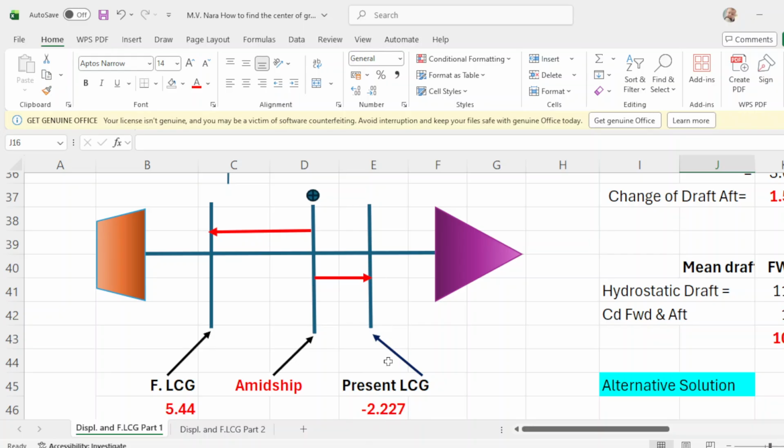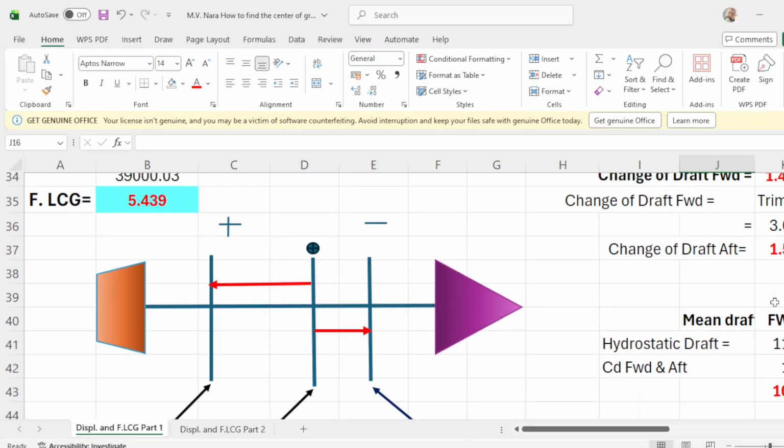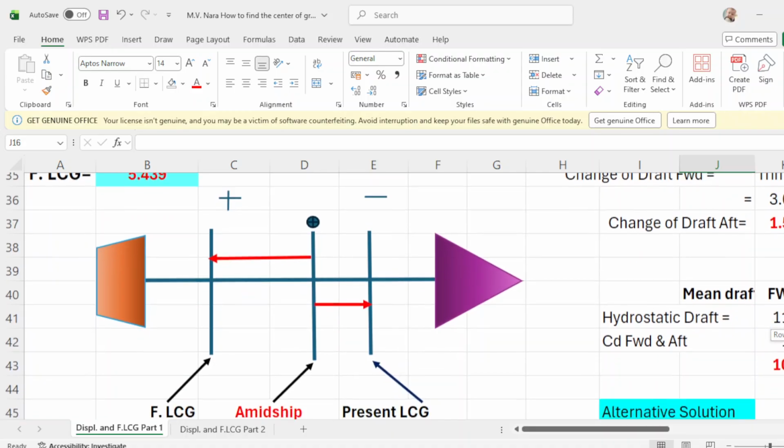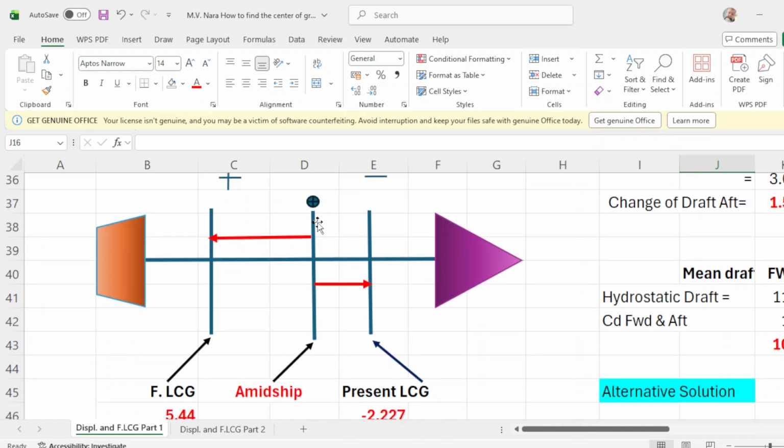That will be the vertical line of your present LCG. Your final LCG, 5.44, is positive, so from amidship you measure backward 5.44 meters. This will be your new vertical line, or final LCG.